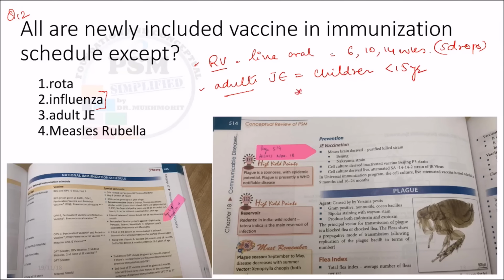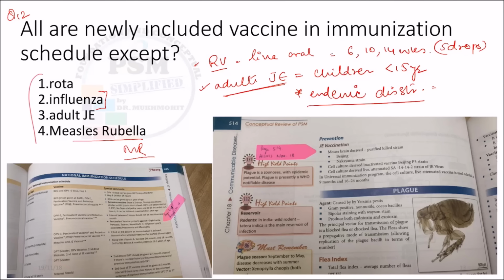But this is a new update: in certain endemic districts, JE has been approved for people in adulthood as well, specifically in the state of Assam. So adult JE can be the right answer, but let's see. And measles rubella, the MR vaccine, is a full-blown project that the national immunization schedule is witnessing right now.